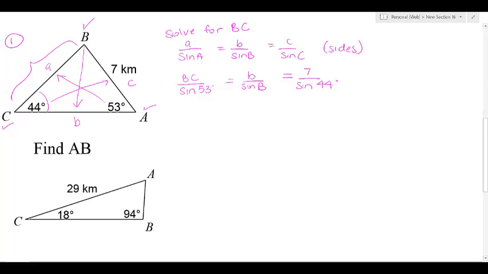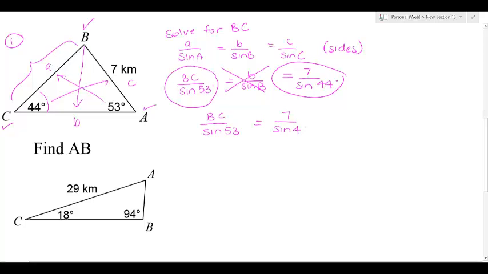What we have here are three sets of ratios. We don't need three sets to solve for our unknown sides; two is sufficient. So I'm going to compare this ratio with this ratio, eliminating the need for the middle ratio. Combining those two ratios, we have BC over sine 53 degrees equals 7 over sine 44 degrees.